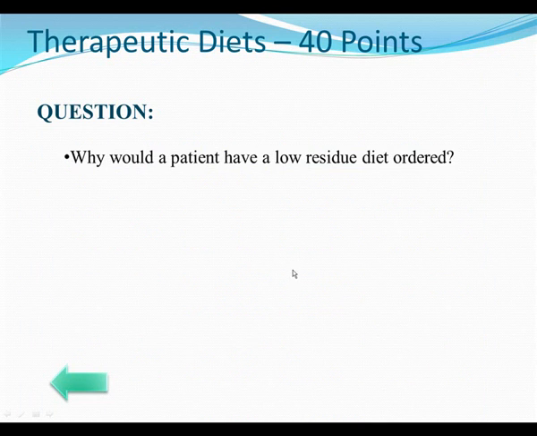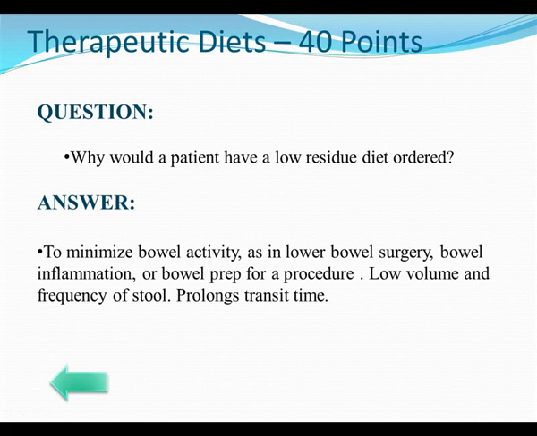Why would a patient have a low residue diet order? You may see this order in your surgery patients or the GI patients. Low residue diet means you want to minimize the bowel activity. You want to keep the volume and the frequency of the stools low, so you give them things that don't have a lot of bulk to it.